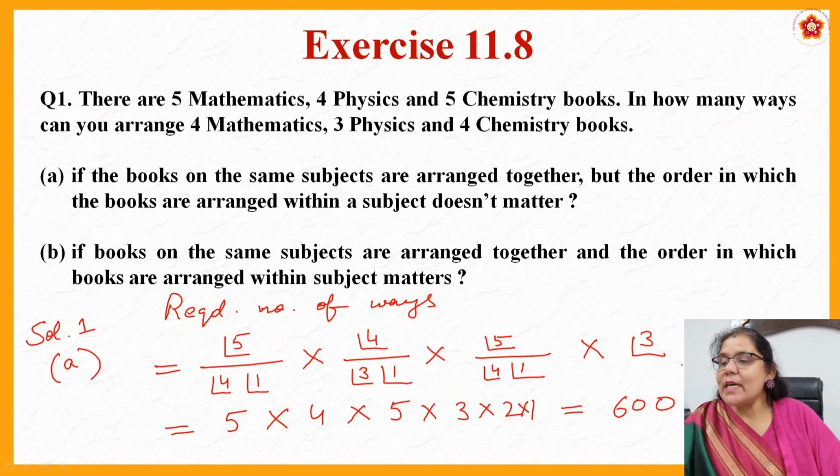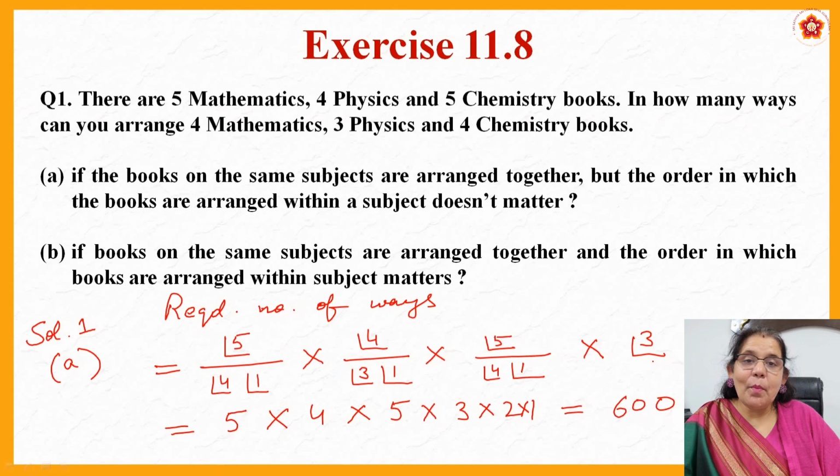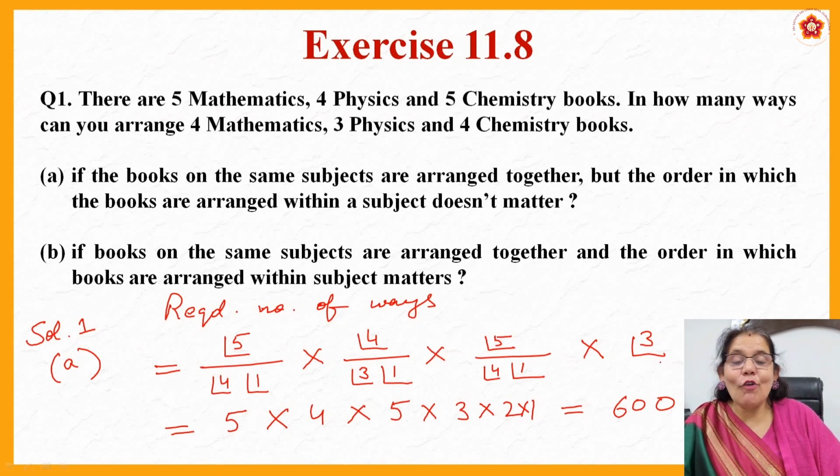If the books on same subjects are arranged together, and the order in which books are arranged within the subject also matters, then apart from what we have already found, they have put an additional condition that those 4 books of mathematics are also arranged in a particular pattern.